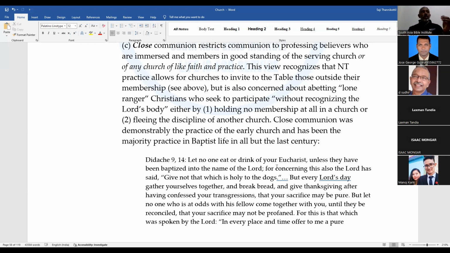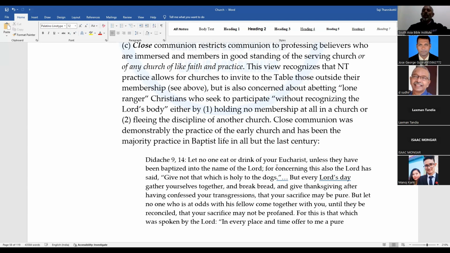Yes, the Lord's table is the ordinance of the local church, but at the same time, those who visit us also will have the opportunity to participate in the Lord's table, not because visitors have the right to the table of that church, but for courtesy's sake, we extend the fellowship because we believe their testimonies and we believe them.